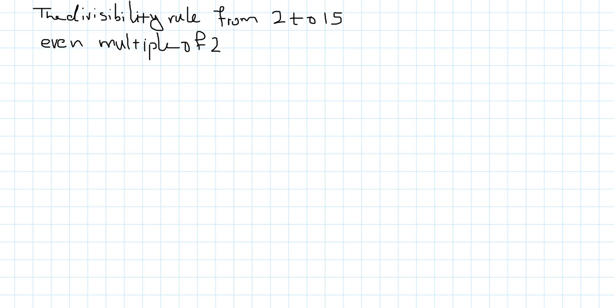Suppose that I have this number 1, 6, 3, 4, 5, 8, 9, 3, 5, 4. Because it is even, only look at the ones place value and say this can be divided by 2.